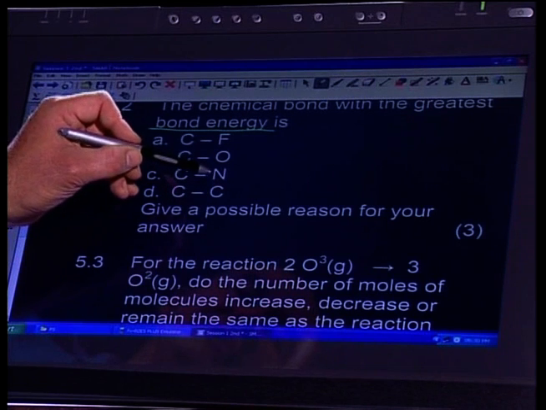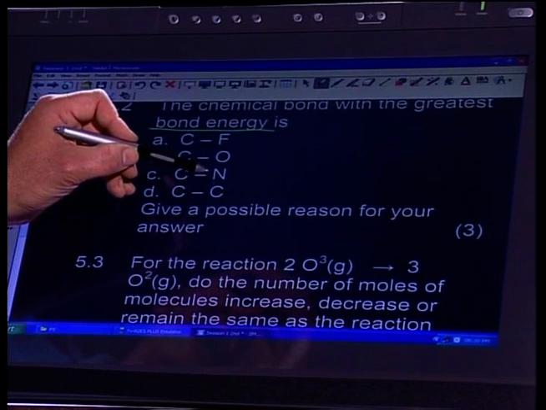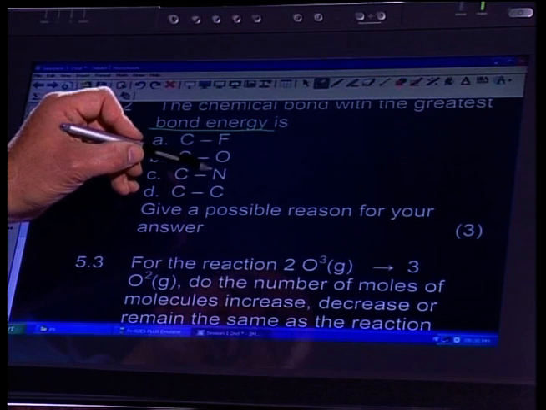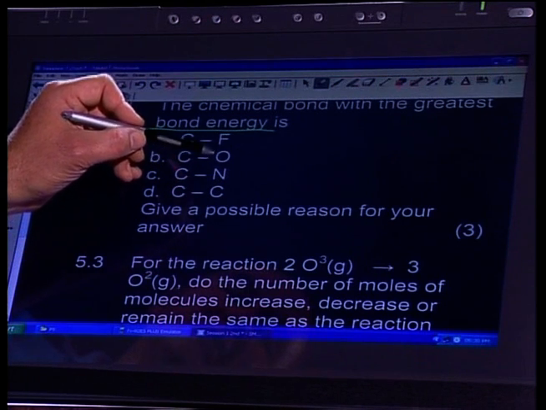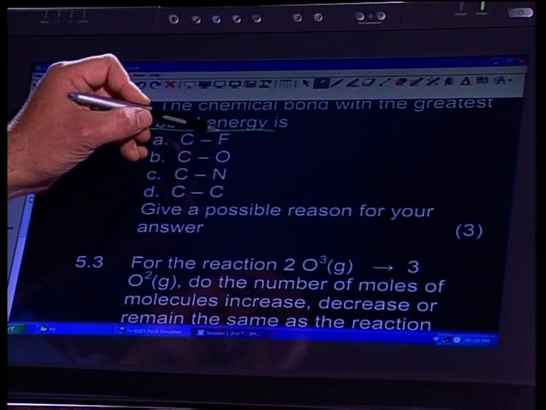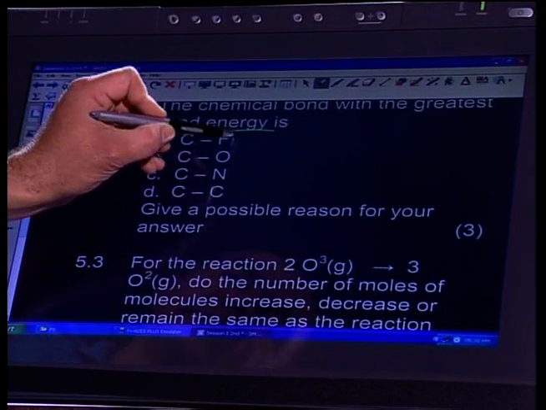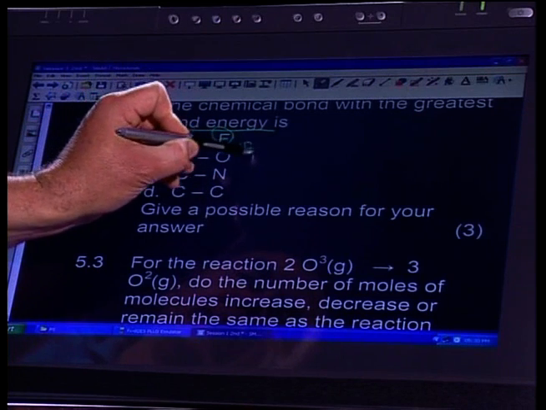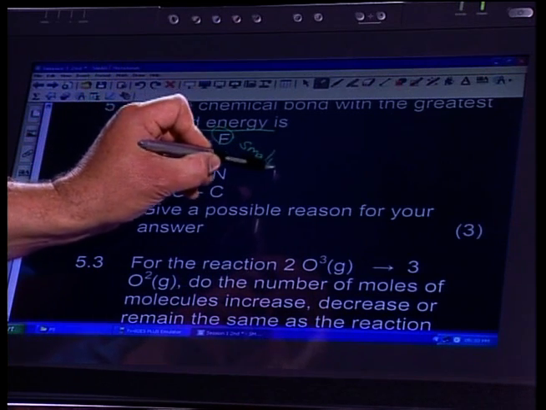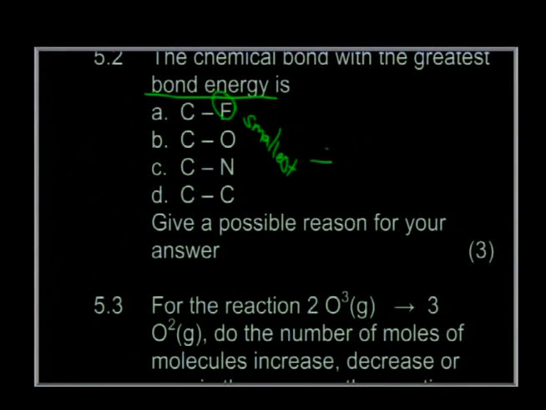Well, nitrogen is going to be slightly smaller than carbon, and oxygen is slightly smaller still, and fluorine is the smallest. Because it's the smallest, in this bond, it's also the most electronegative, which is another factor. It has the highest electronegativity.